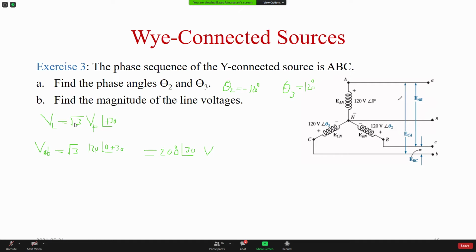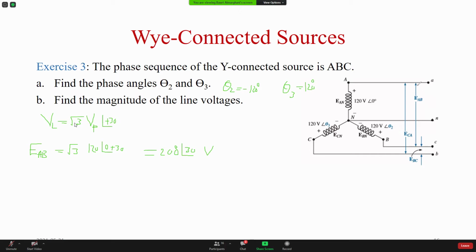This is the line voltage, which here says EAB, so I'm just going to use the same labels they have, E between A and B, which is between the line A and the line B here.